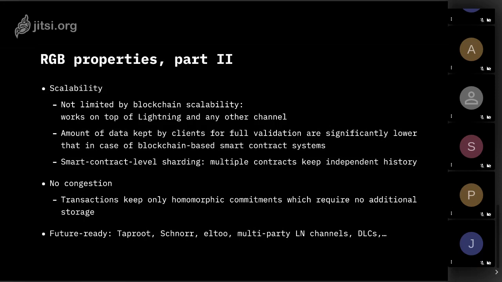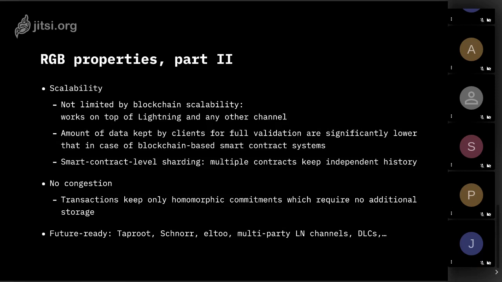There is no congestion inside the Bitcoin transactional graph. First of all, because of that, you are not able to extract any information about RGB from Bitcoin or Lightning channel. But from the other point, you don't add any data, like any size of data. You add information, but unsized and hashed information, which basically says nothing about the source of this data.